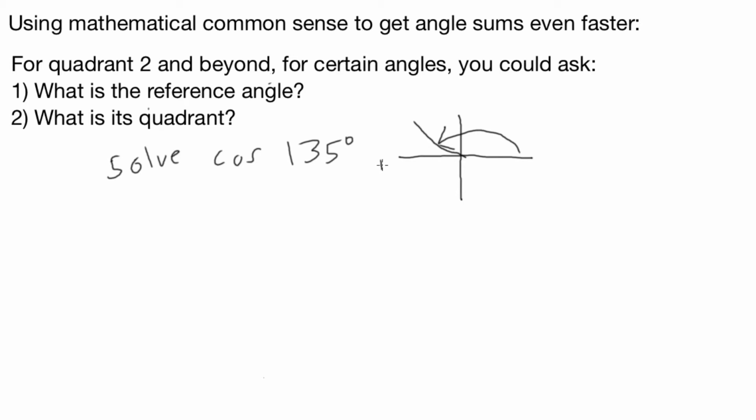Here's your 180 degrees. So your reference angle for 135 is 45 degrees. So we could already write a triple for 45 degrees. However, it's quadrant 2. Well, quadrant 2 tells you the x-coordinate is negative and the y-coordinate is positive.